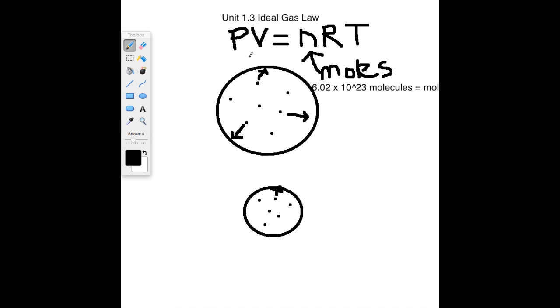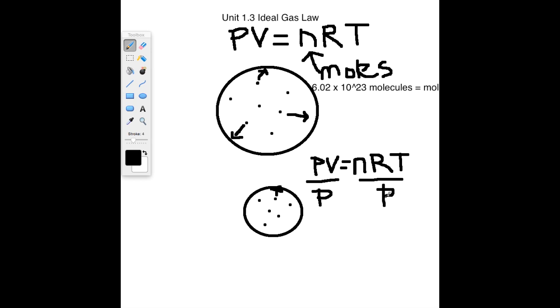So you divide by P on this side, and you divide by P on this side.